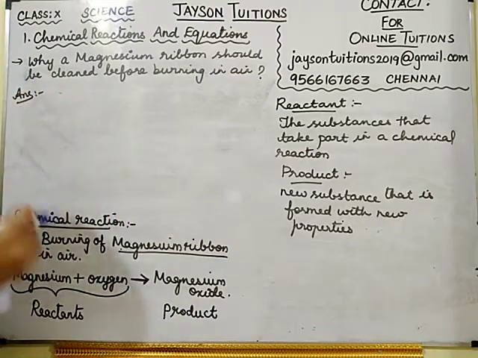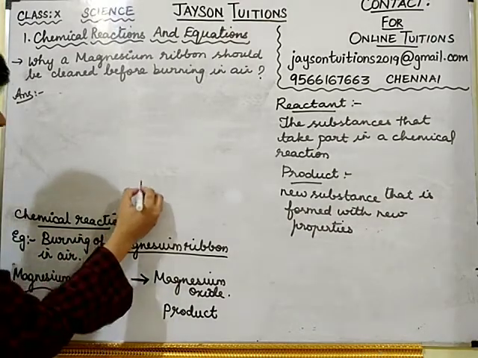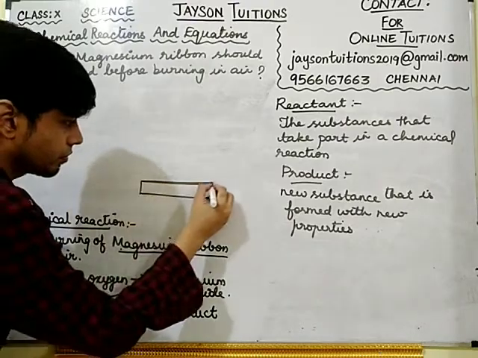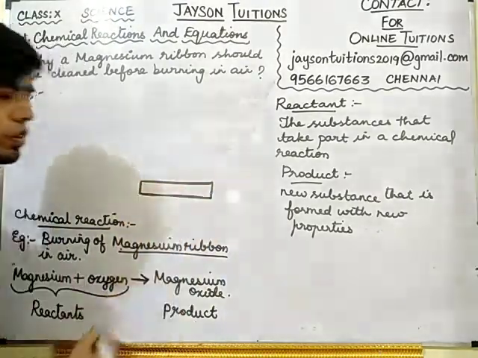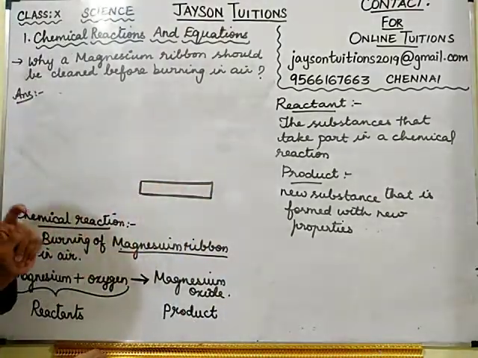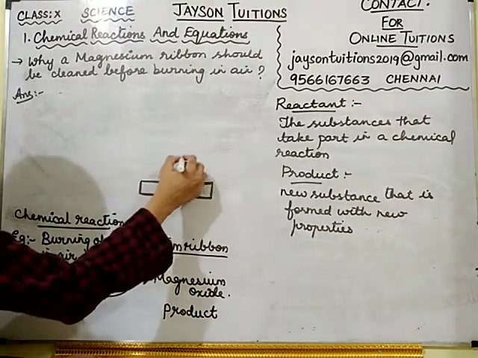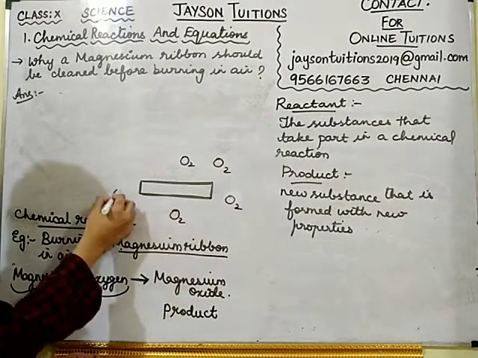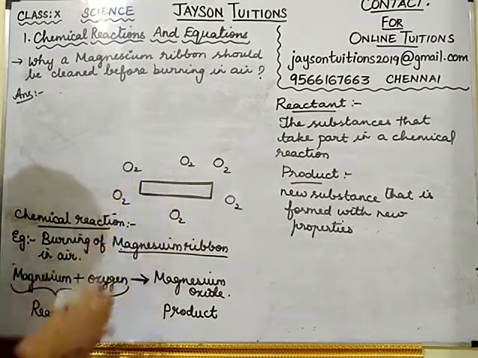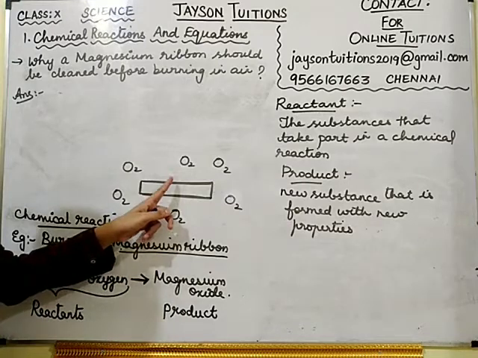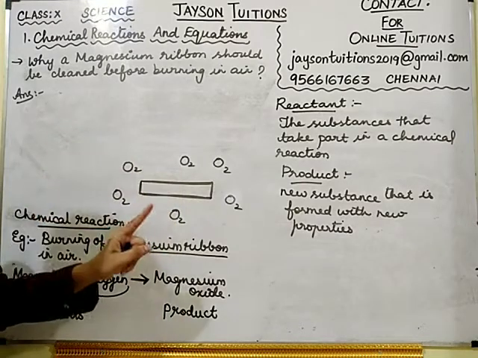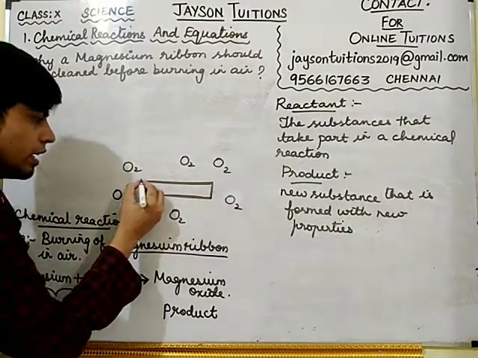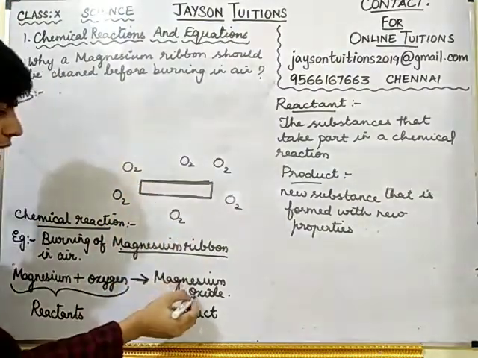First I will explain, then I will write the notes. Suppose this is the magnesium ribbon. What will happen? It will slowly react with the oxygen present in the atmosphere, and a layer of magnesium oxide is formed.